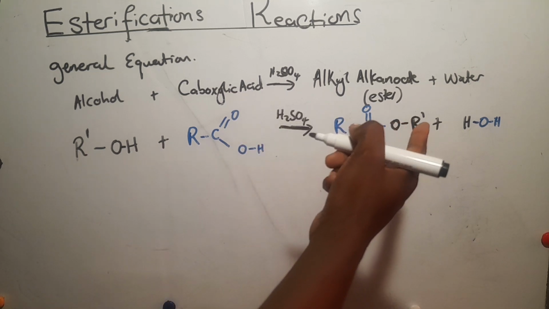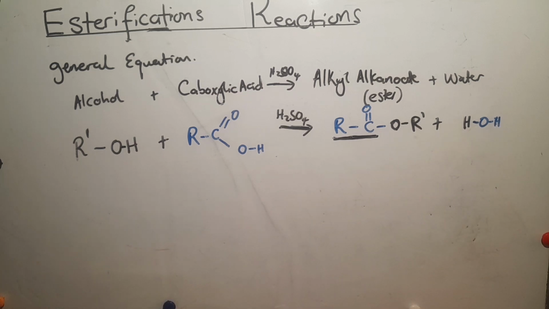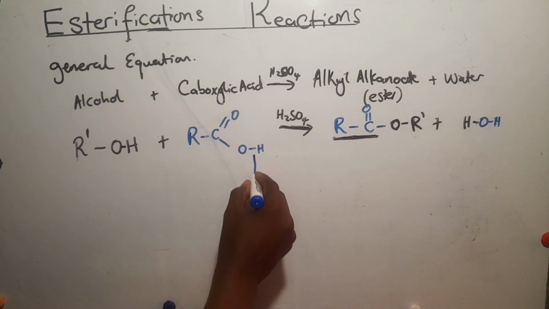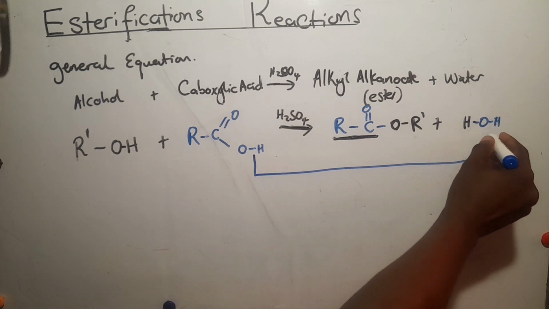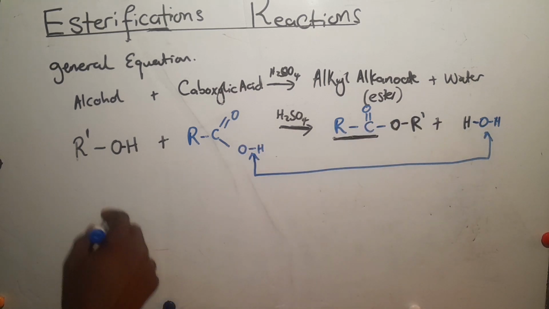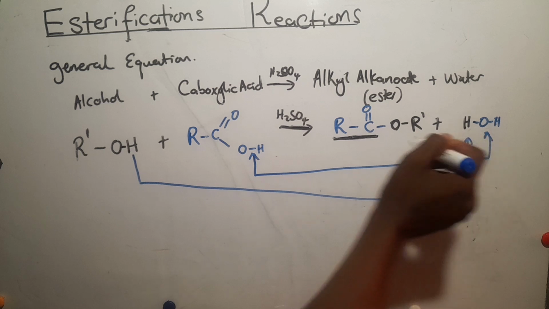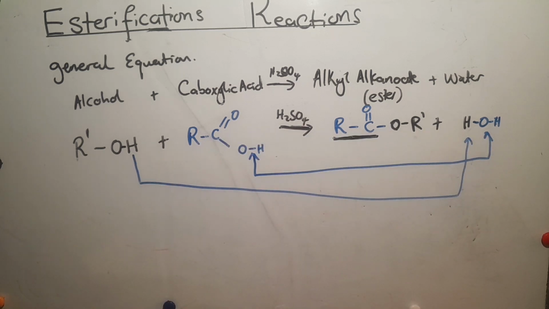So as you can see, that water, I wrote this in black and this in blue. So this means that this hydroxyl is coming from the carboxylic acid. So this OH is coming from the carboxylic acid, and this other H is coming from the alcohol to form the water there.